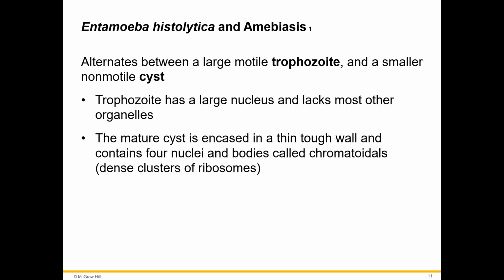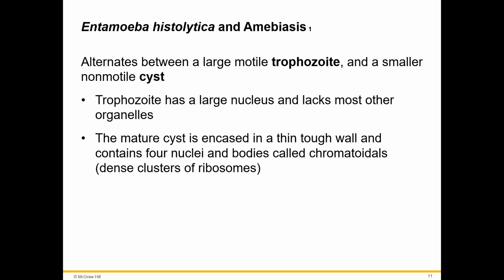That's because the trophozoite has a very large nucleus, but aside from that, it doesn't have too many other organelles. A cyst will be encased in a tough wall around it. For Entamoeba histolytica, you can notice that it'll have 4 nuclei and bodies, and we call these chromatoidals.